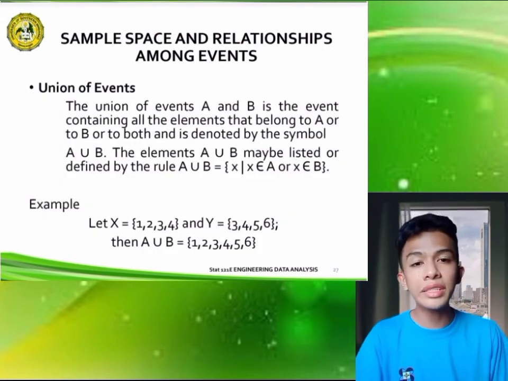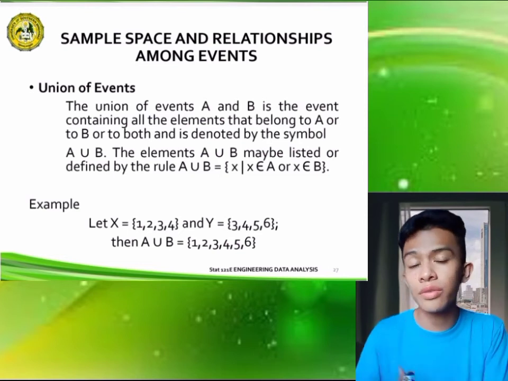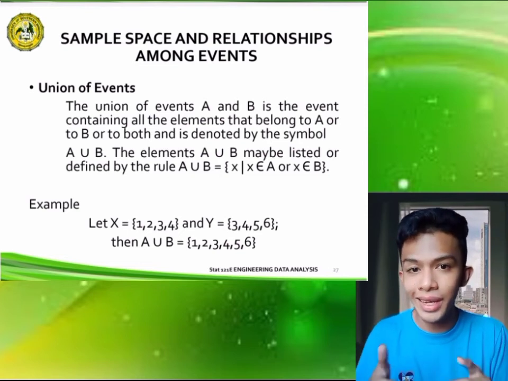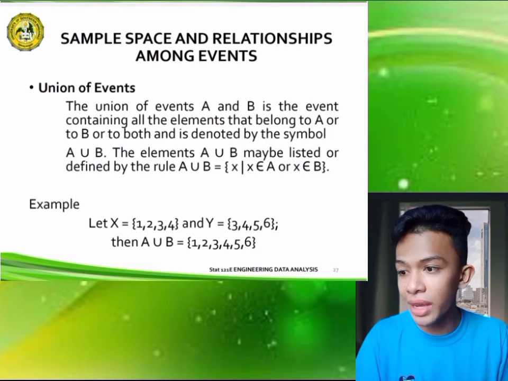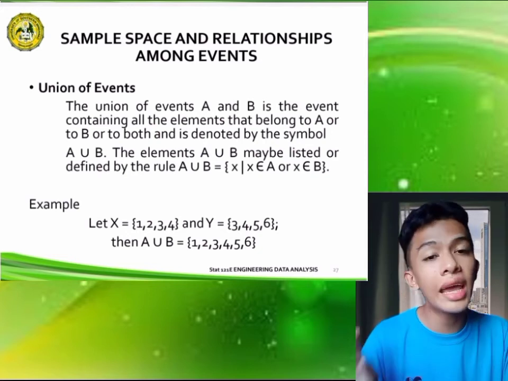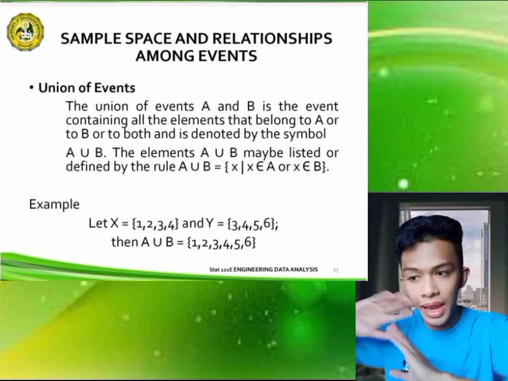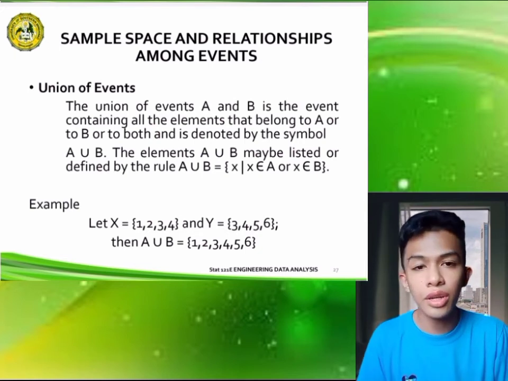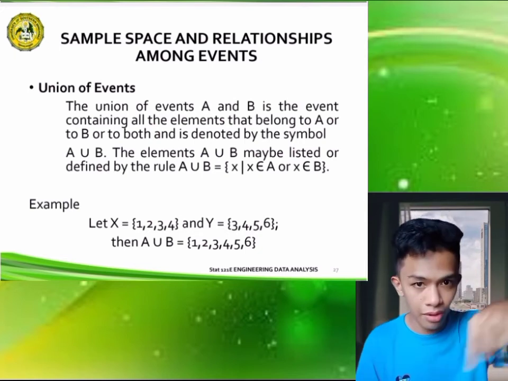Now, union of events. From the word union, joined together. The union of events is the event containing all the elements that belong to A and B, denoted by the symbol U. Simple.